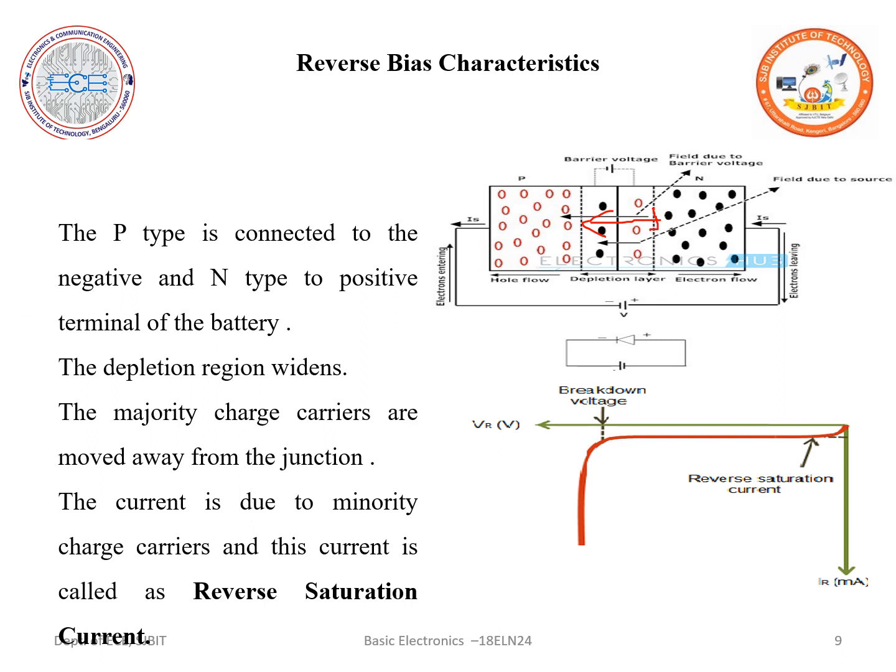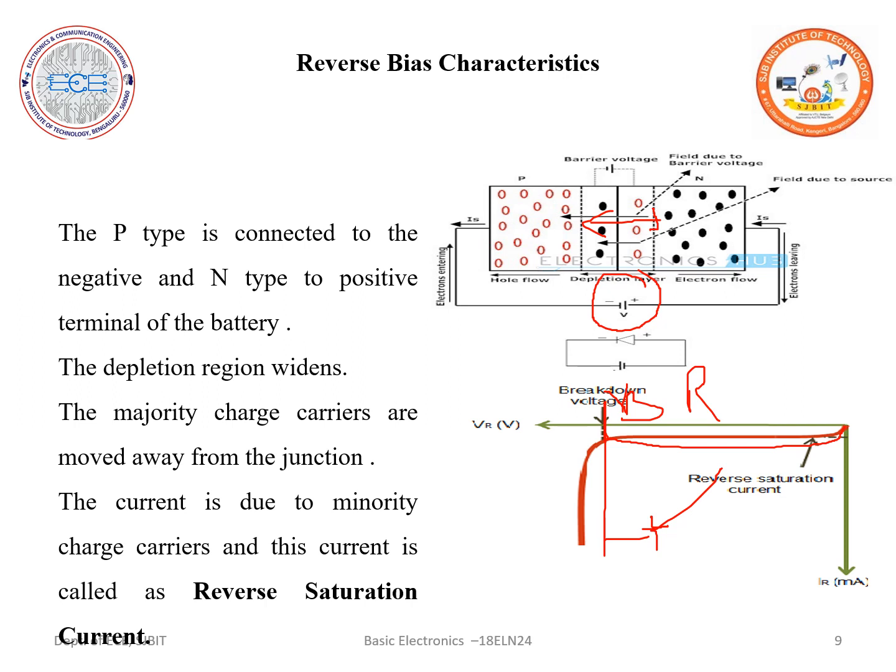Now as and when I increase my reverse voltage, my diode will not have any current. Suddenly when it reaches the voltage which we call breakdown voltage, VBR, at that voltage I can expect a sudden rise in the current, and that current we call reverse saturation current.